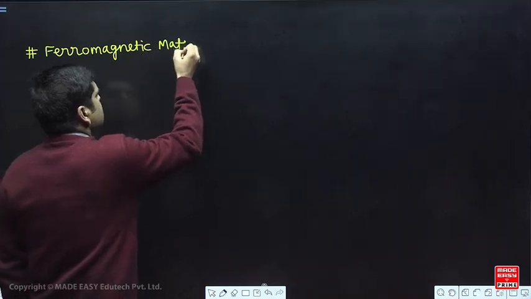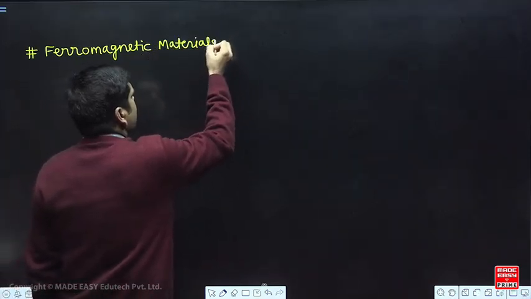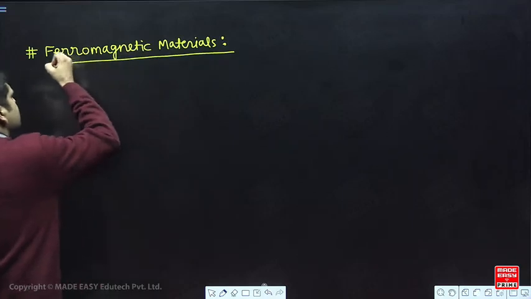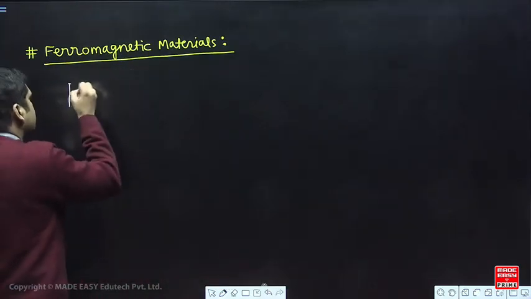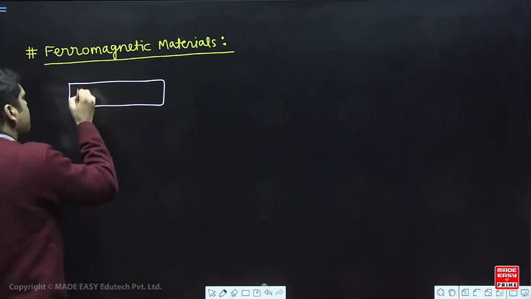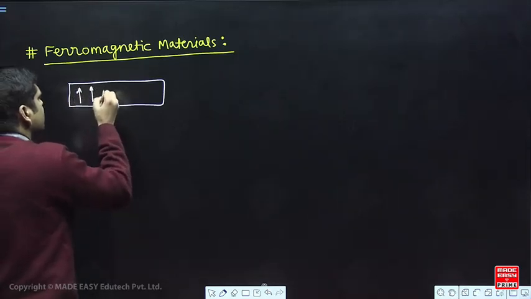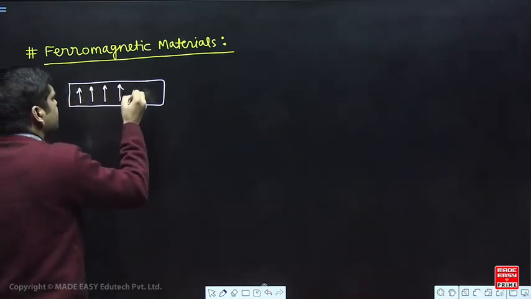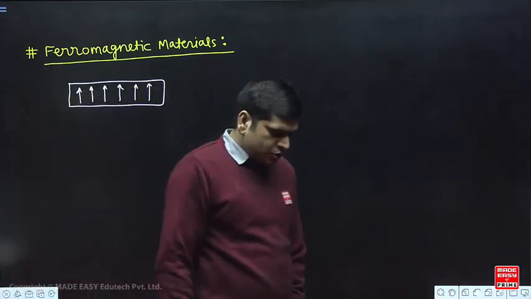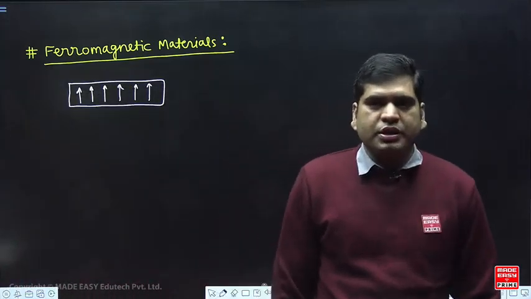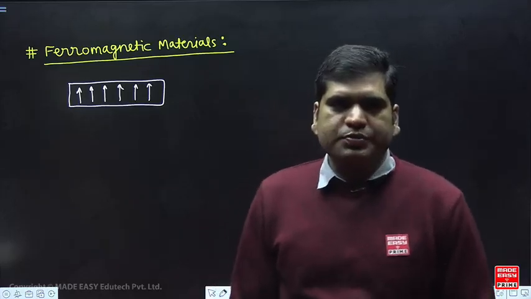These materials also contain dipoles, and these dipoles are parallel to each other. Because of the parallel arrangement, even in the absence of field, you will get non-zero magnetization. In the absence of field, whatever magnetization you get is known as spontaneous magnetization.